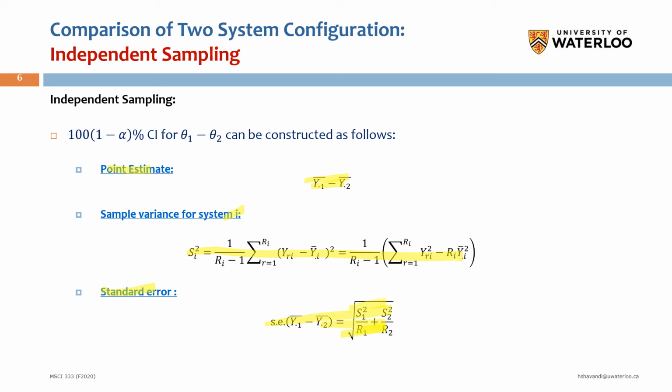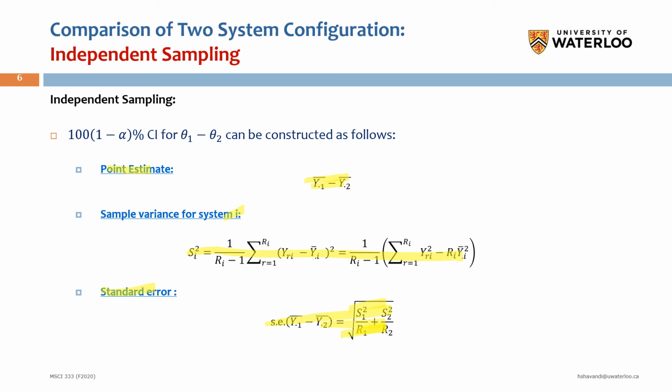We obtain the variance of the difference in means by s squared 1 divided by r1 plus s squared 2 divided by r2. The standard error will be the square root of this equation. Now we have the standard error of y bar 1 minus y bar 2.